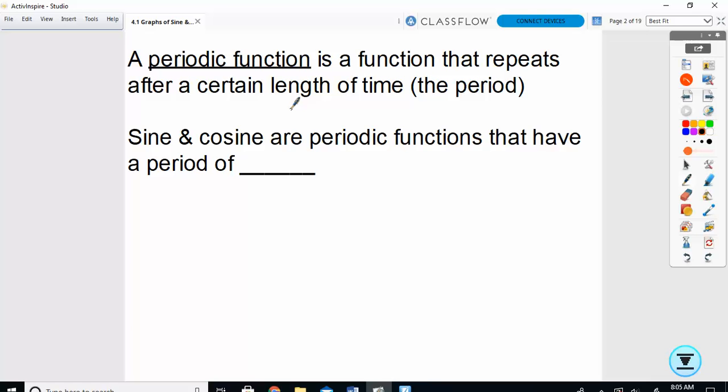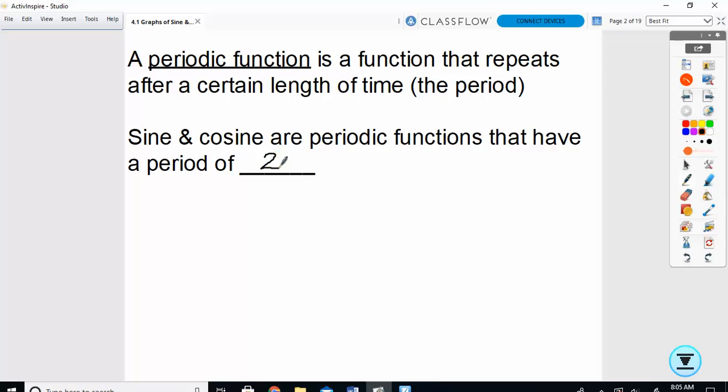When I look at sine and cosine, I'm going to talk a lot about the period of these functions. And the period is how long it takes before they start repeating. If you think about your unit circle, they repeat after you go all the way around the circle. So how far is it to go all the way around the circle? 360 degrees, which is 2 pi radians. So in general, we are going to use radians.